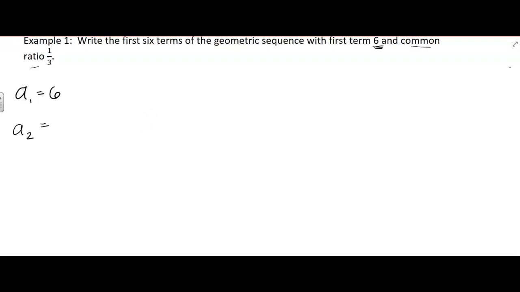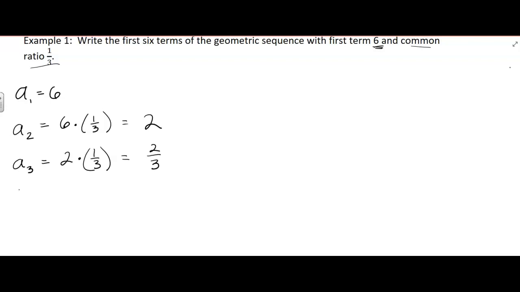The common ratio is 1/3. So to get to the next term, I'm going to be multiplying by 1/3. So I'm going to take 6 times 1/3, which is going to give me 2. You can think about that and how you get 2. Then the next term is going to be 2 times 1/3. So we keep multiplying by that ratio.